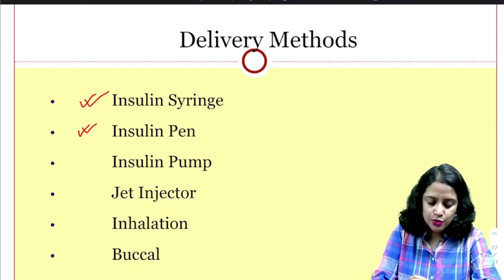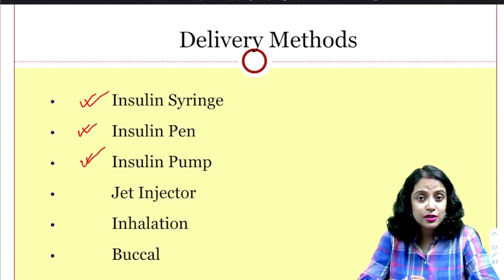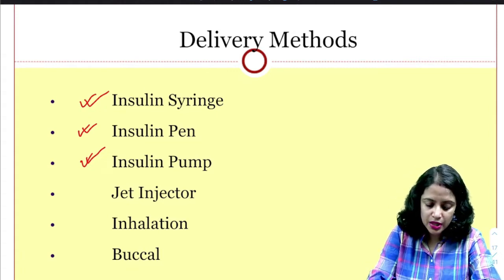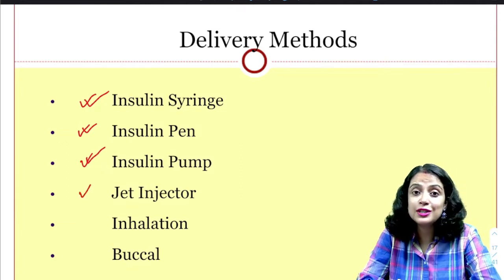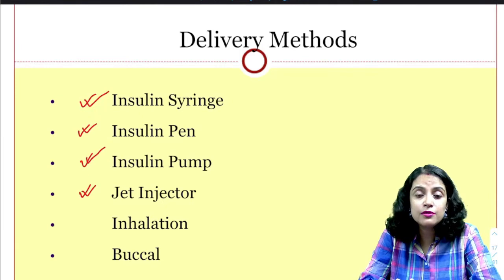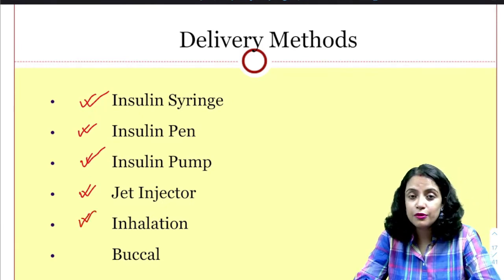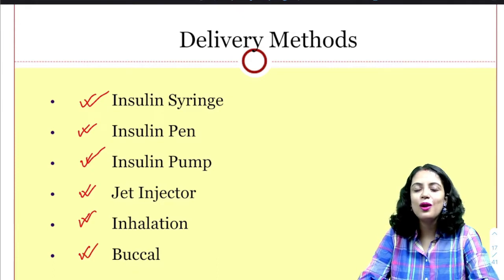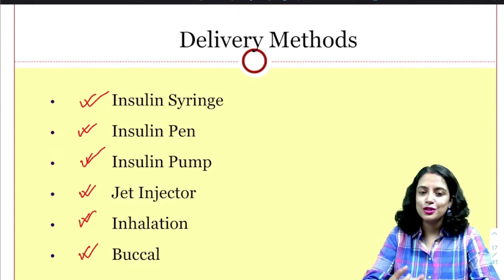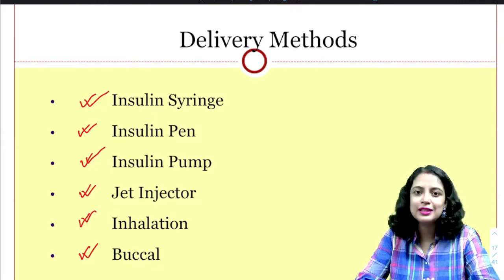Then the insulin pump, for type 1 diabetes patients who require continuous infusion of insulin. There is also something known as a jet injector, which can be used. There are inhalational forms of insulin, and there are buccal forms of insulin as well. So these are all the technological advancements in the delivery of insulin in the modern era.